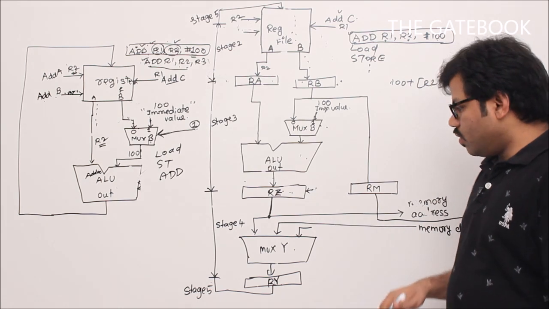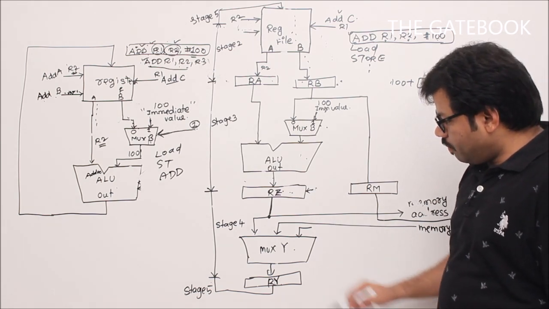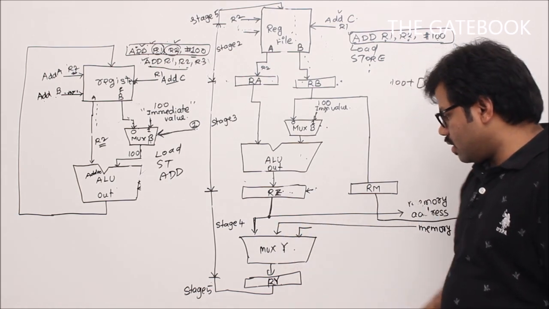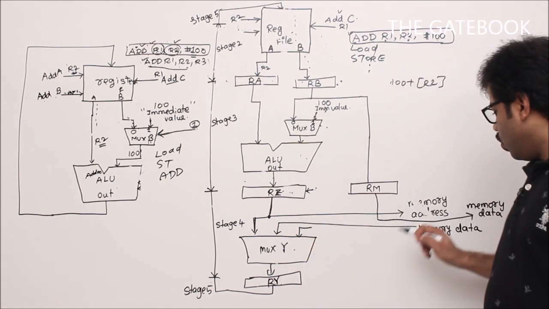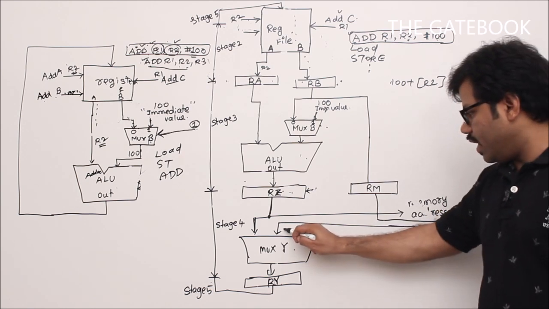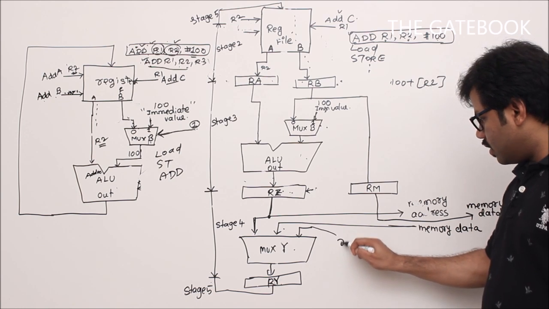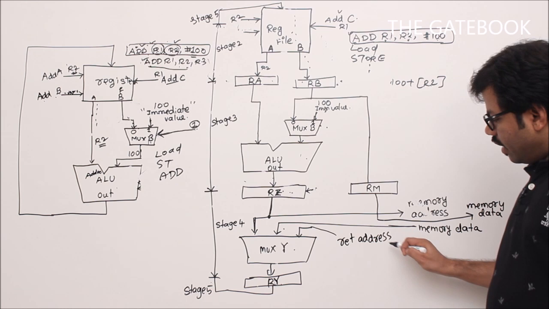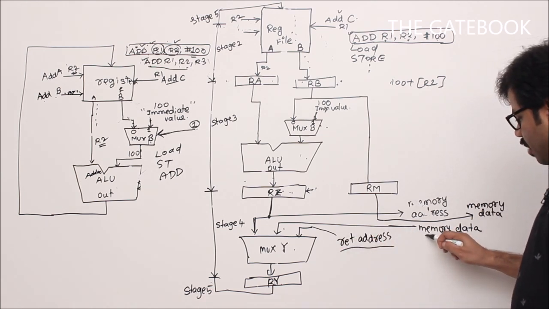So that's why, what is going to happen is, here the result, that RZ, will be connected to the multiplexer. So that multiplexer is connected to memory. See here, if you see the cable, we will be connecting it to memory data, and this is actually the return address. I will teach you from where the return address comes, and from where memory data comes.